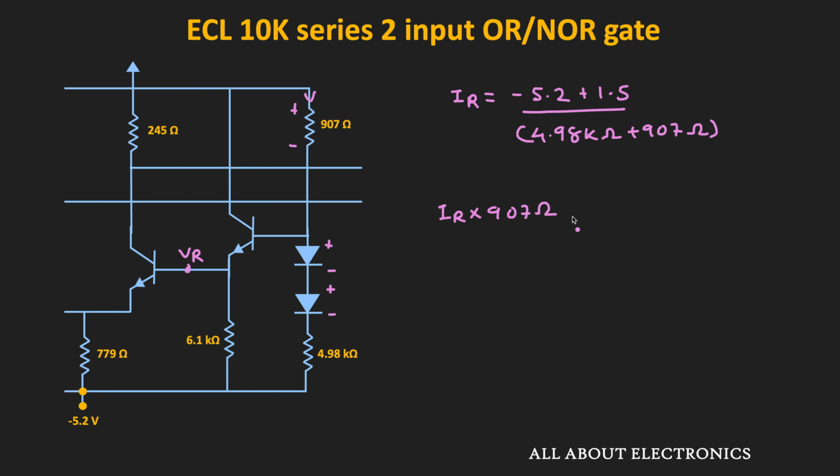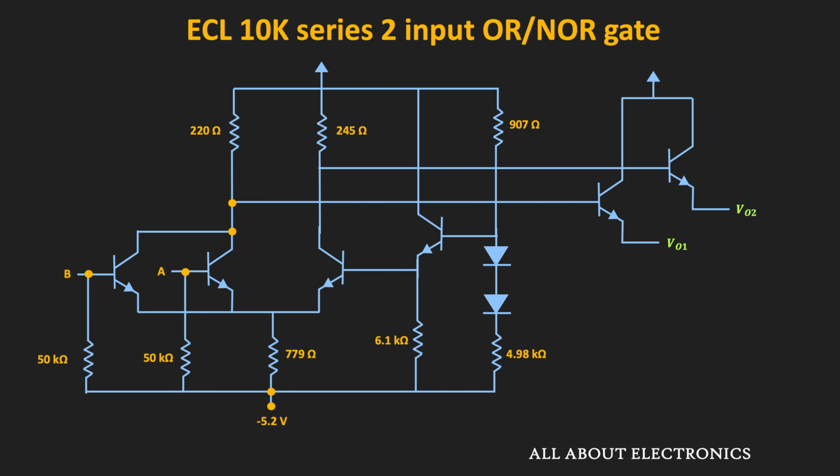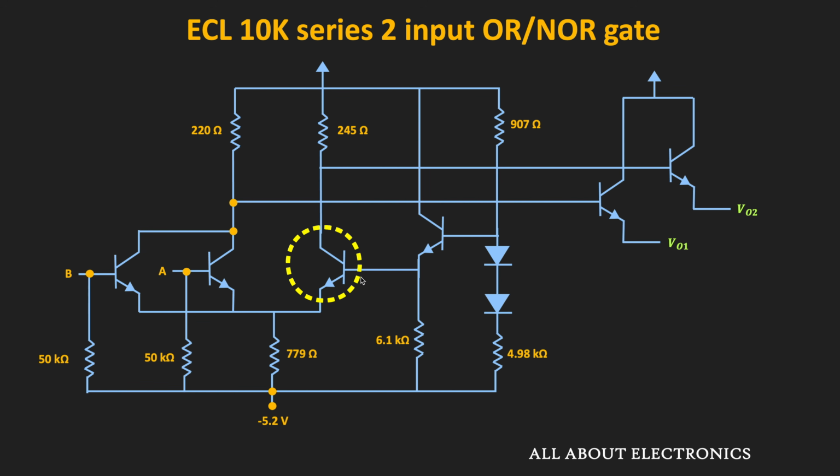If we calculate, that is roughly equal to minus 0.57 volt. That means the voltage at this node is minus 0.57 volt. And on top of that, if we add the voltage drop VBE, that is 0.75 volt, then this voltage VR is equal to minus 0.57 volt minus 0.75 volt, and that is equal to minus 1.32 volt. So that is how the stable reference voltage is generated for this reference transistor.